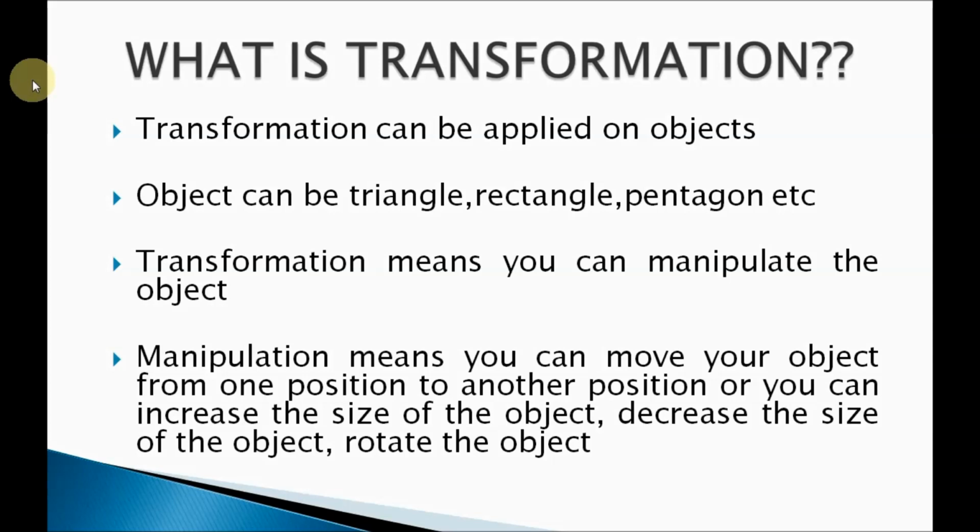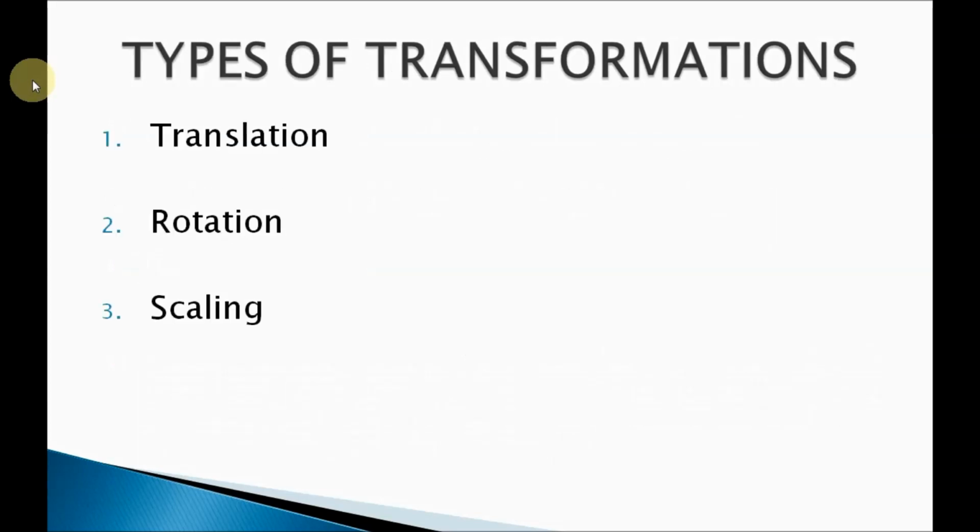Now, what are the different types of transformations? There are three types I am considering here: translation, rotation, scaling. Translation means you can move your object from one position to another. Rotation means you can rotate your object by a particular angle, either in clockwise or anti-clockwise direction.